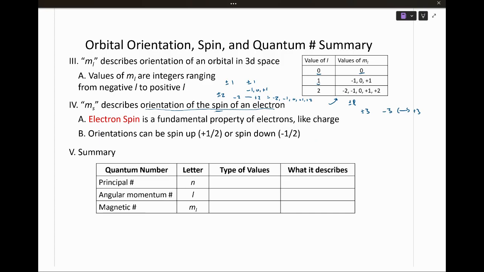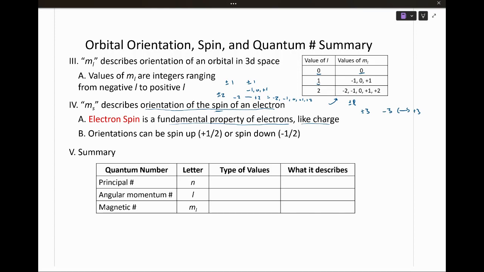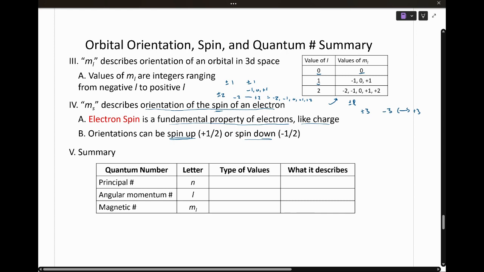This electron spin is a fundamental property of an electron, like its charge. The same way that an electron has its negative charge, it also has a spin. It can be oriented either spin up or spin down, and we give those values of plus 1/2 and minus 1/2. That's just how they're defined.